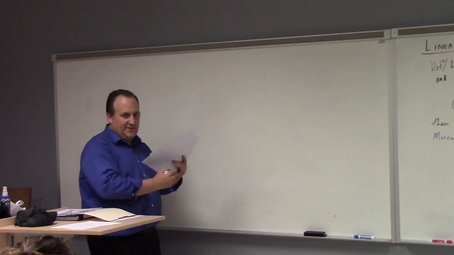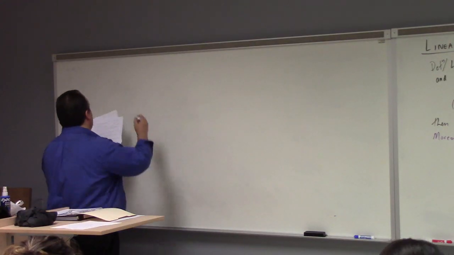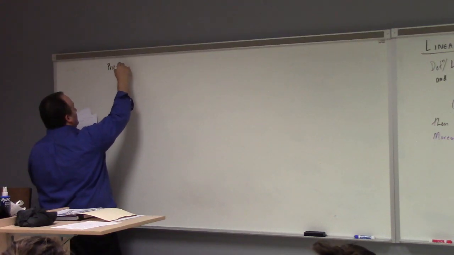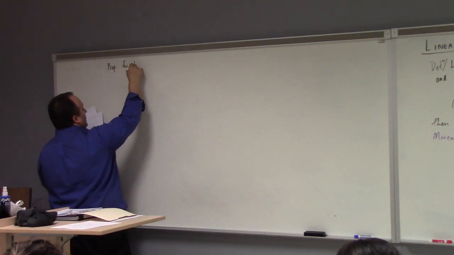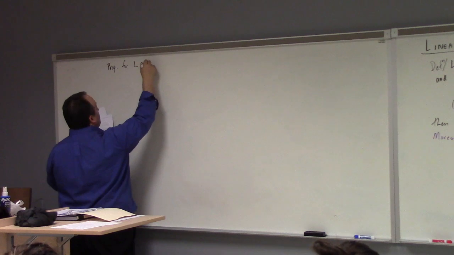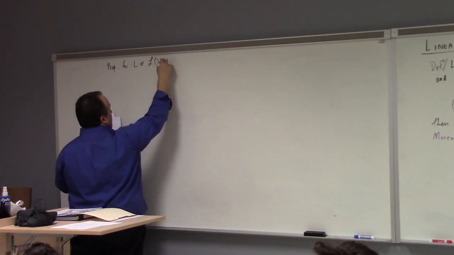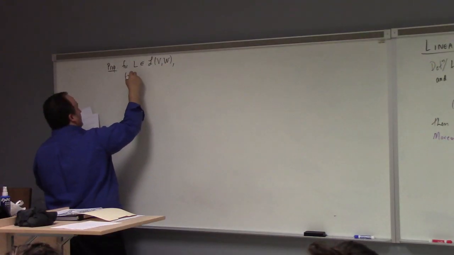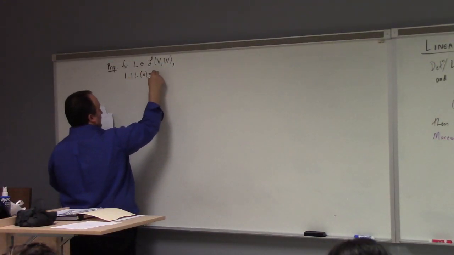All right, so we'll start out real easy. Proposition: for L a linear transformation from V to W. Number one, L(0) is 0.